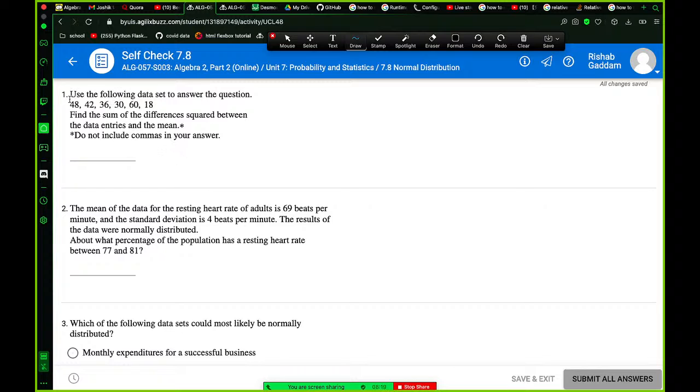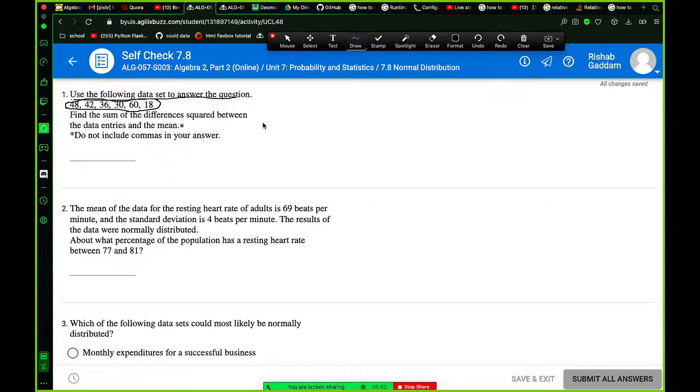So use the following data set to answer the question. This is the data set. Find the sum of the differences squared between the data entries and the mean.